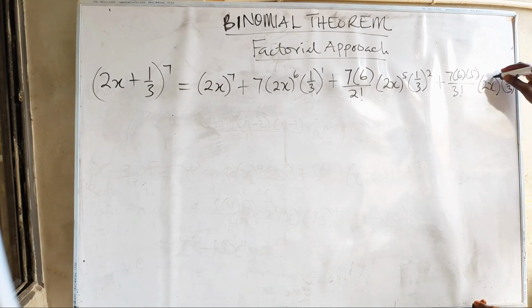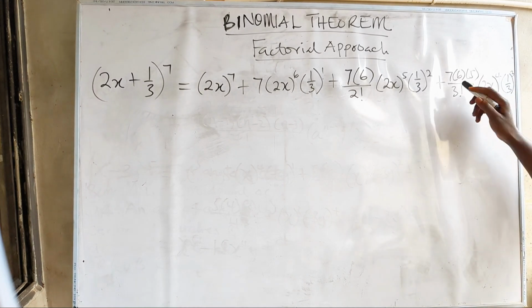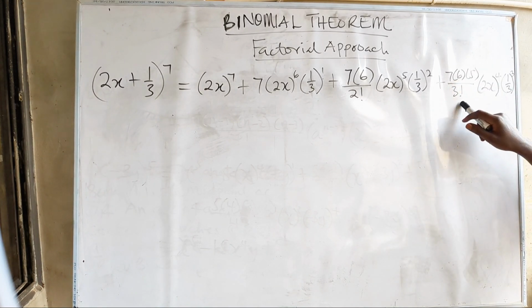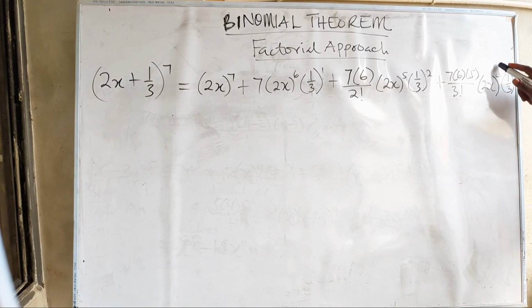As this one reduces, this one also increases. So 7 times 6 times 5 over 3 factorial, 2s exponent 4, and then 1 over 3 exponent 3. So that 4 plus 3 will give us the 7.